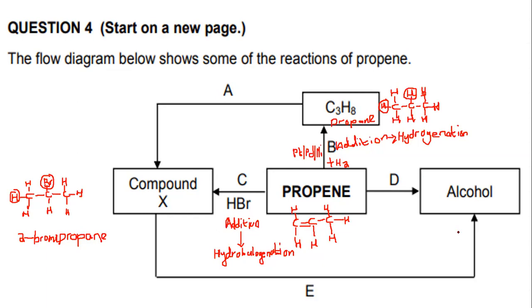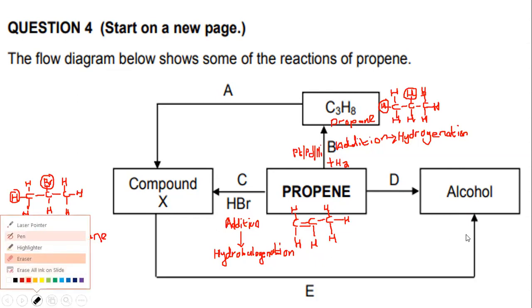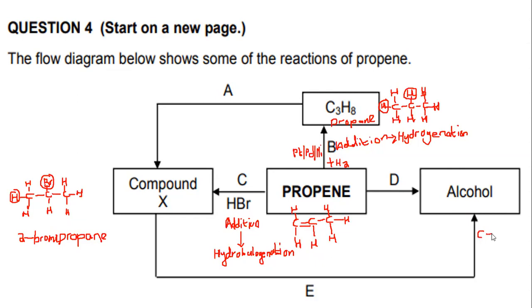So propene turning into an alcohol tells me that whatever I'm going to form, which is this alcohol, will still be an alcohol that has 3 carbon atoms. One, two, there we go.